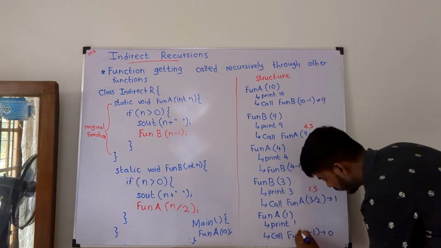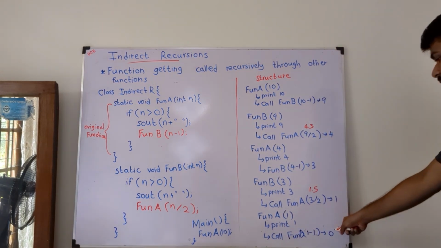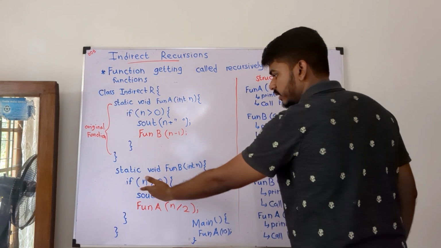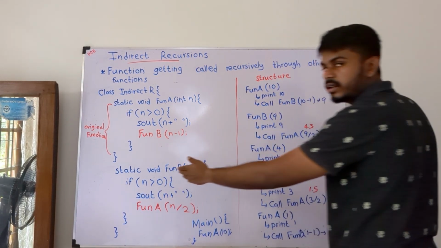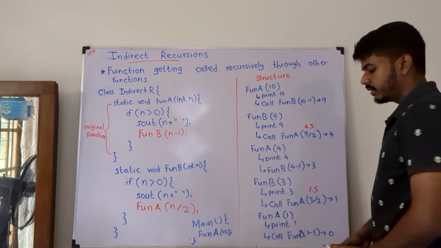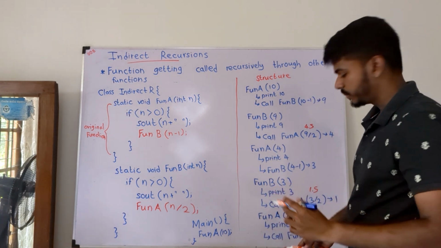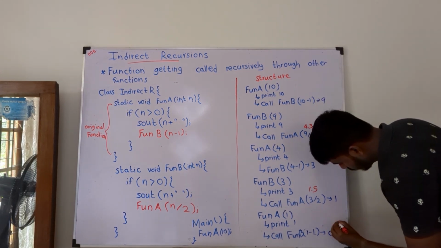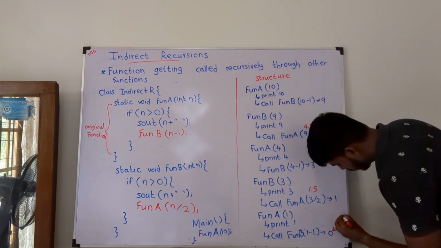So function B takes 0. Since the function checks whether 0 is greater than 0, no, it hits the base case, and the recursive call finally stops.